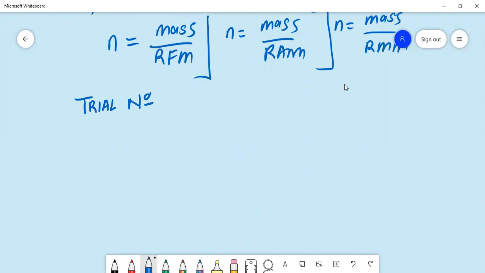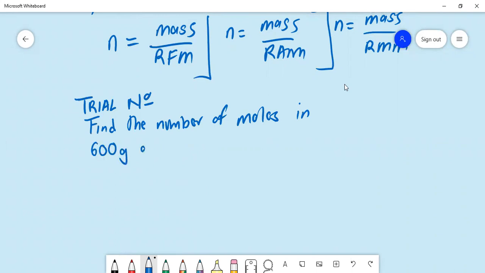So try your number. Find the number of moles in Roman 1, 600 grams of nitric acid. Nitric. You don't know the formula of nitric acid?